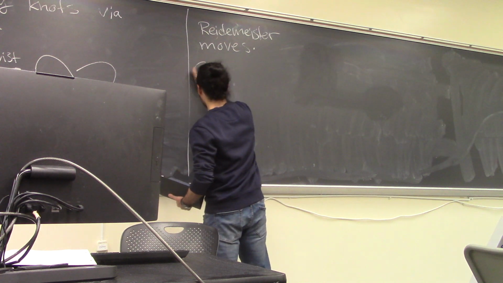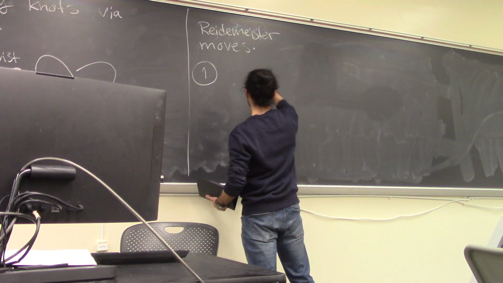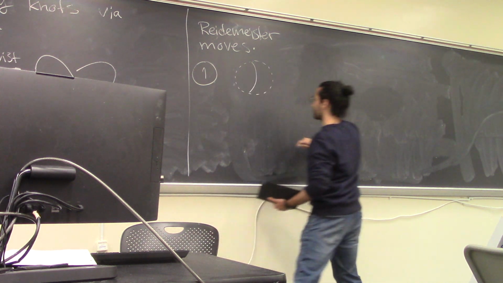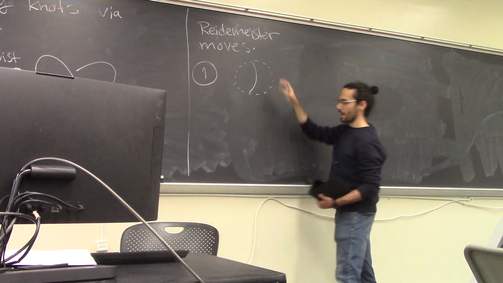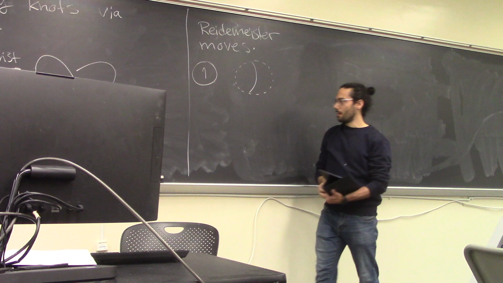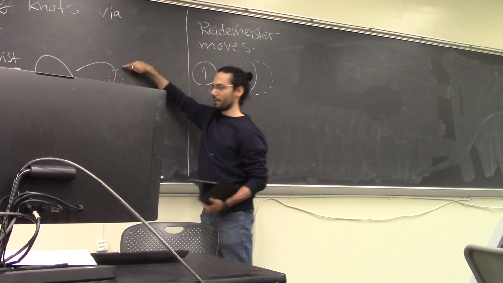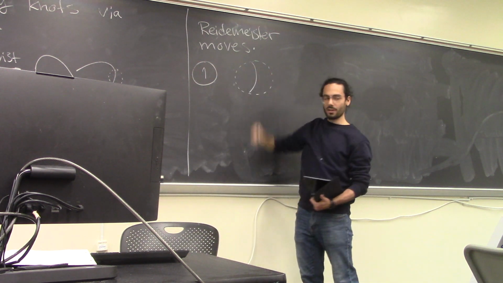Okay. So the first move is, I'm going to draw a diagram like this where I have drawn this dashed circle. So I imagine I have some kind of knot diagram, and I have zoomed in on a small piece of it, right? That's what I mean by the dashed circle. If something happens outside, then I don't care.